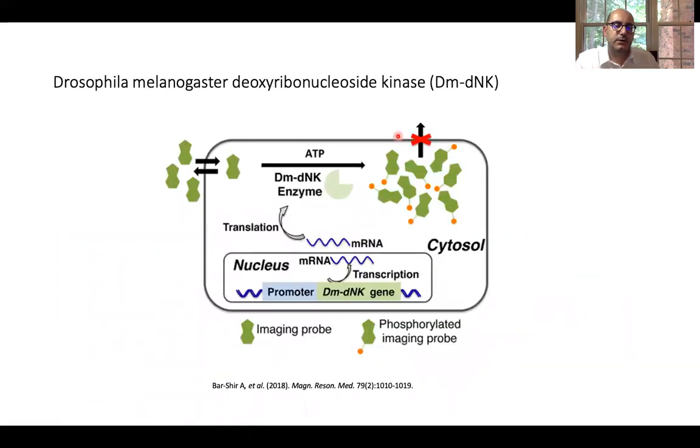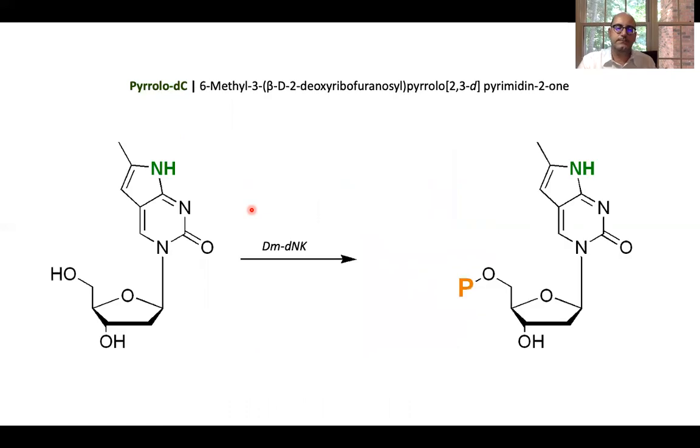So again, the same principle: the imaging probe, in this case called Pyrrolo-dC, can enter inside and outside the cells, but only in the presence of the Dm-dNK, the enzyme, it is phosphorylated and trapped inside the cell.